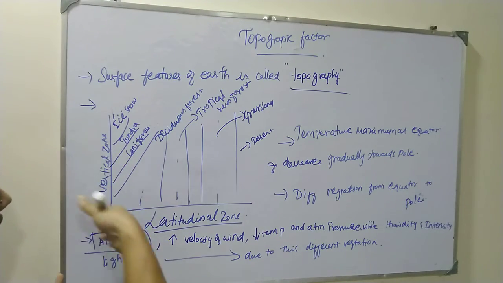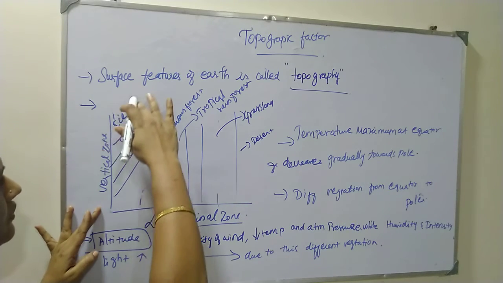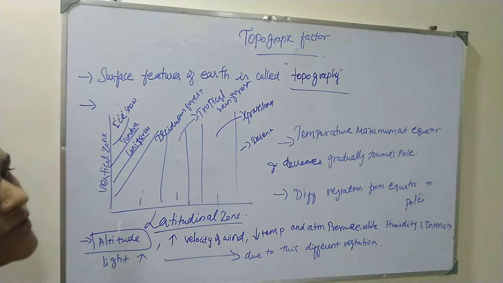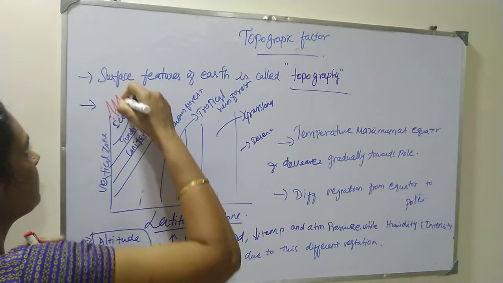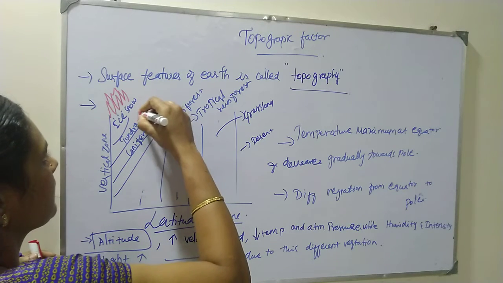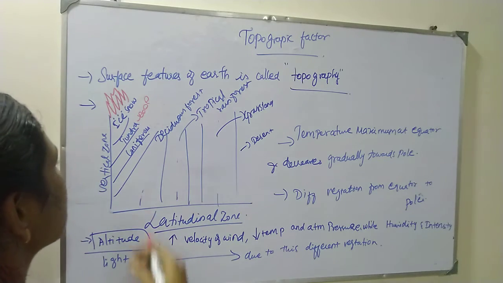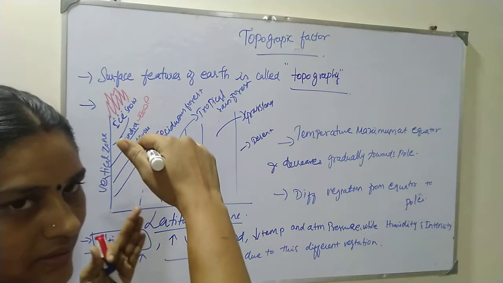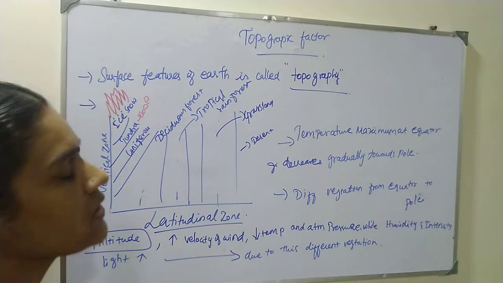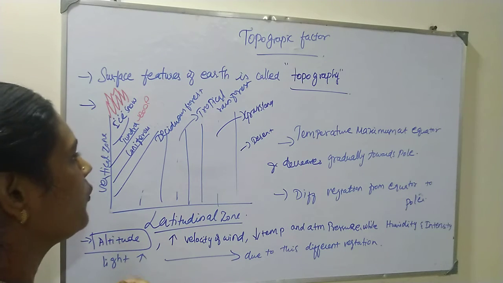If you take the 90° angle on the soil surface, first you will get ice, snow, and mountains. Next is tundra, which is a type of forest, the next structure of the earth, present next to the ice snow mountains.